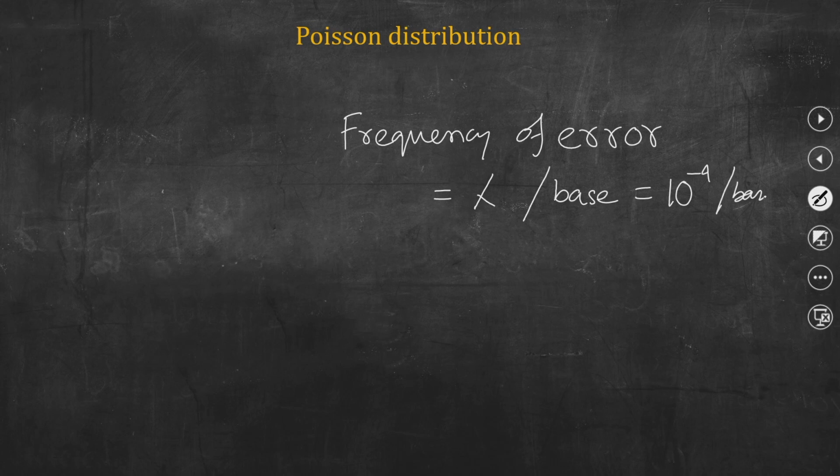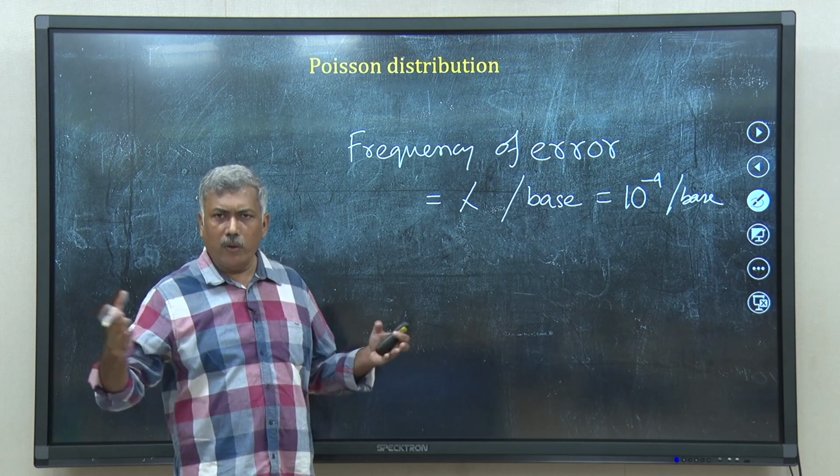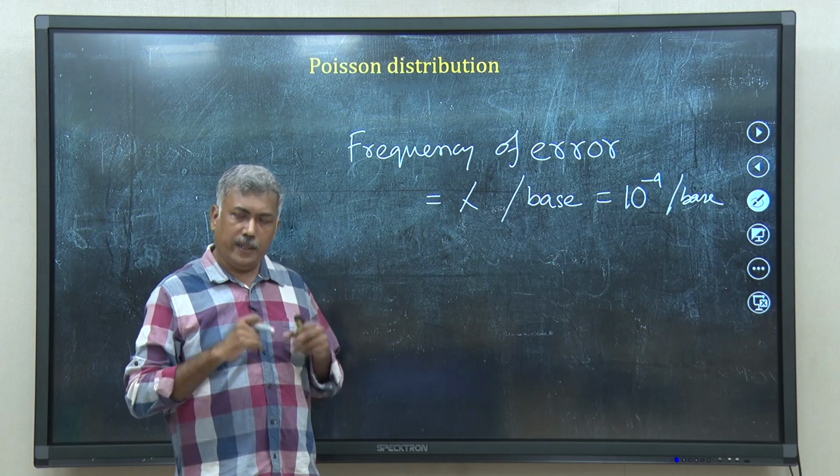So that means on an average if I sequence 10 to the power 4 bases, I will get 1 error. So that is my frequency of error.